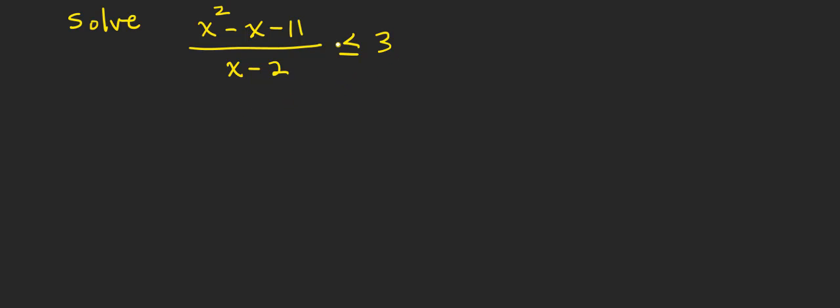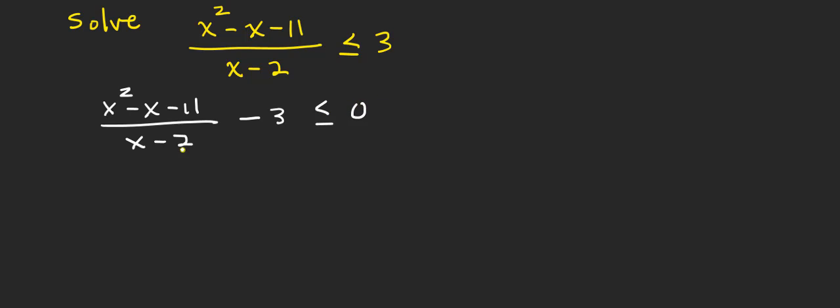In order to solve it, we want to move 3 to the other side first because we want that to be 0. So x squared minus x minus 11 all over x minus 2 minus 3 is less than or equal to 0. Now what is the LCD? The LCD is x minus 2, so the numerator doesn't change.